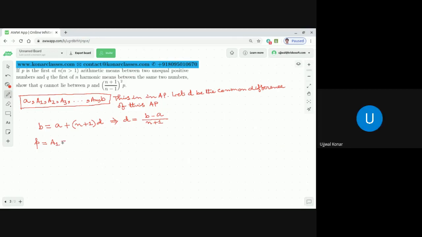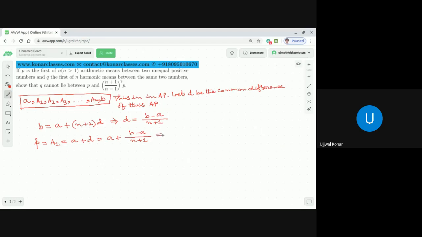Capital A1 is nothing but A plus D, the second term of this arithmetic progression under consideration. So that is equal to A plus (B minus A) divided by (n plus 1). Correct or not? If we simplify further, I can write in the next line itself.